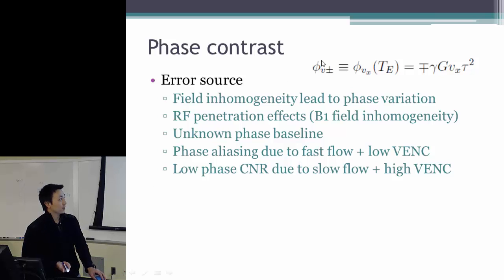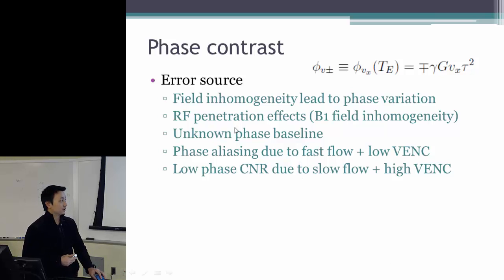So ideally, the phase we obtain will simply be a linear function of the velocity. But there are several sources of error that we need to take into consideration when we are trying to extract the velocity information from the phase image we get.